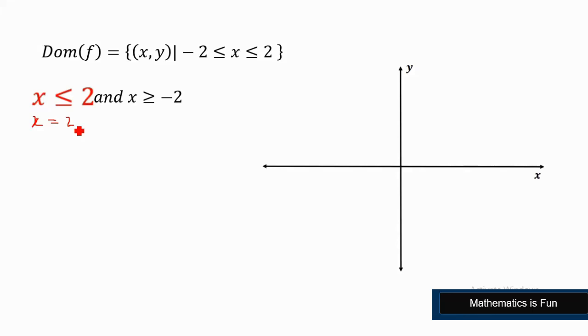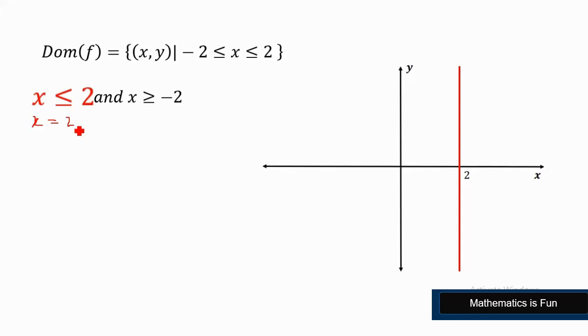X is equal to 2 is a vertical line. So this is the vertical line, x is equal to 2. Now what does this inequality mean? X less than or equal to 2 means, whenever we have an inequality in the form of x, less than means the left side of that particular line or curve, and greater than means the right side of that particular line or curve.